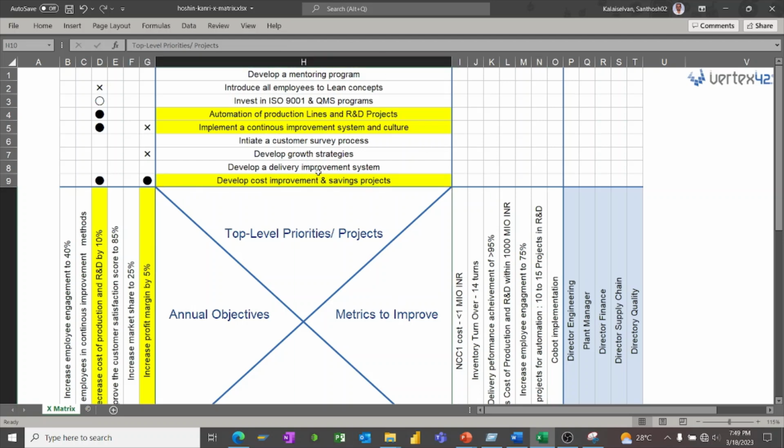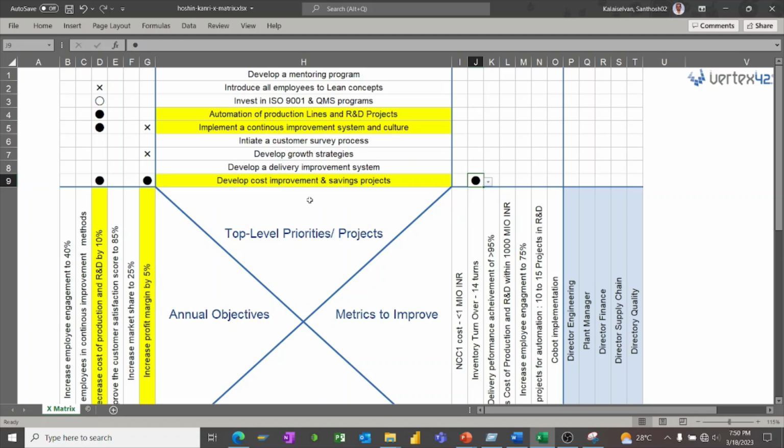Okay, so now let's see which are primarily correlated. So by doing develop cost improvement and savings projects, certainly we can achieve the inventory turnover by 14 tens, cost improvement in consideration with the logistics cost, for example, and other KPIs.